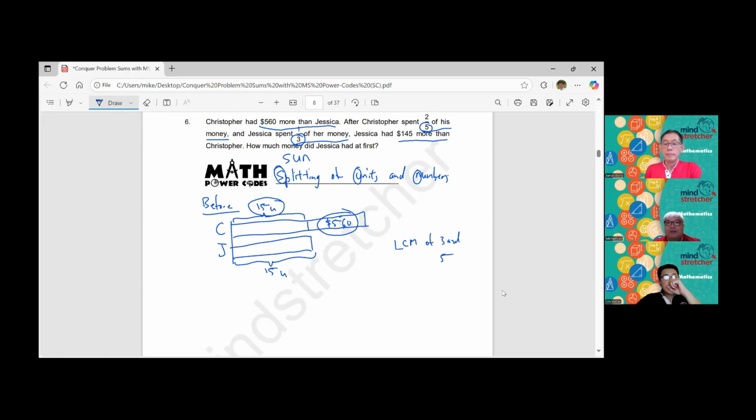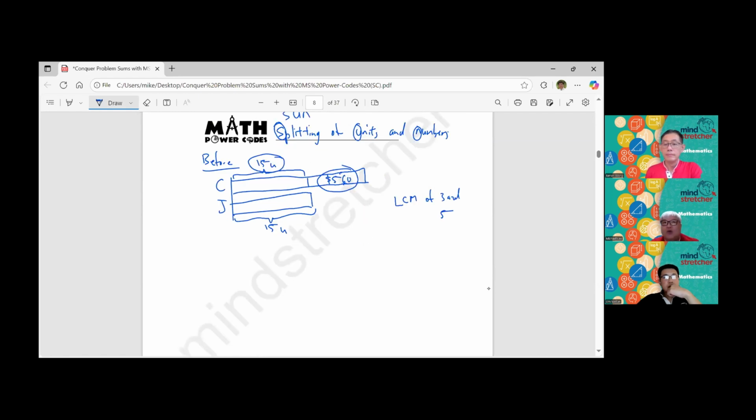Does anyone know what is 2/5 of 15 units? Very good, 2/5 of 15 units is 6 units. And does anyone know what is 2/5 of $560?